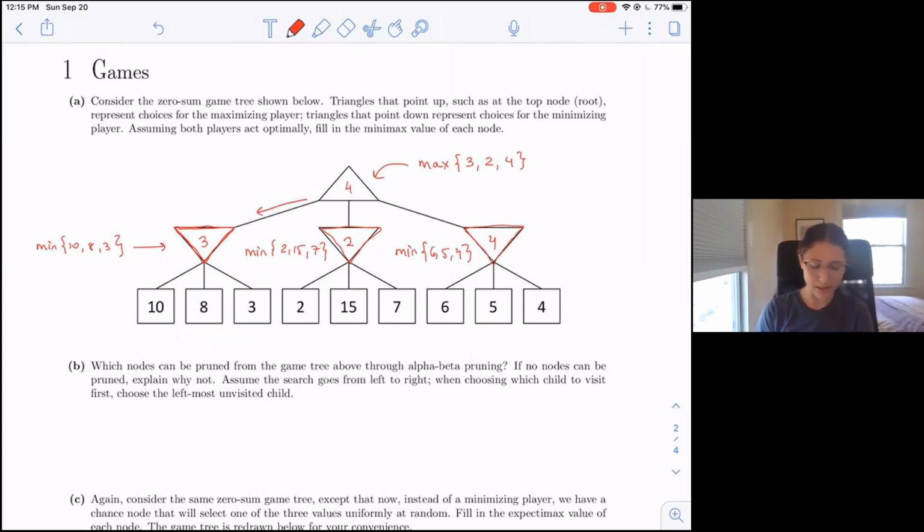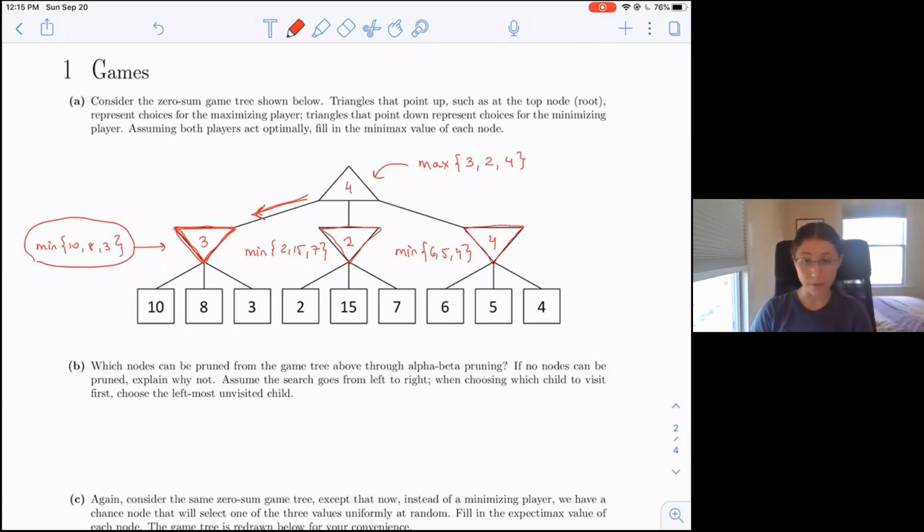So when it comes to this leftmost part of the tree, we actually had to apply this min between these 3 numbers and find the value that the minimizing player would take in the case that the very first player chose this leftmost action.